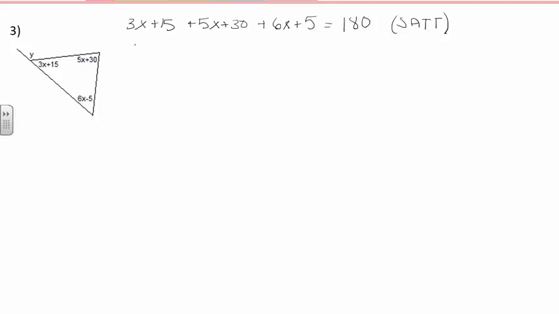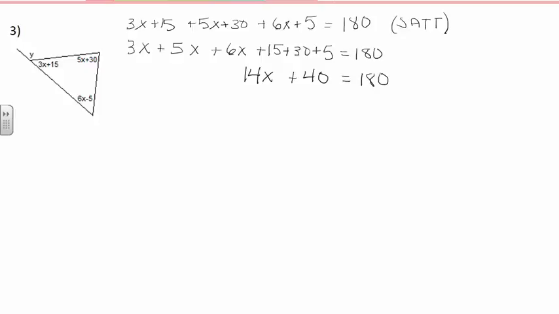Now we need to rearrange and combine like terms. So we'll put all our x's together and all our numbers together. And we're left with 14x plus 40 equal to 180 degrees.